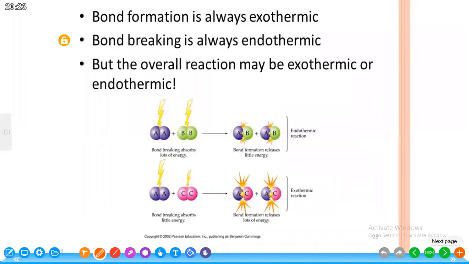Bond formation is always an exothermic reaction. Bond breaking is always an endothermic reaction.